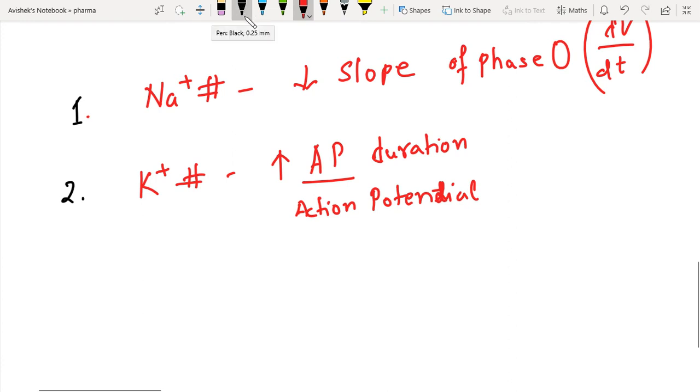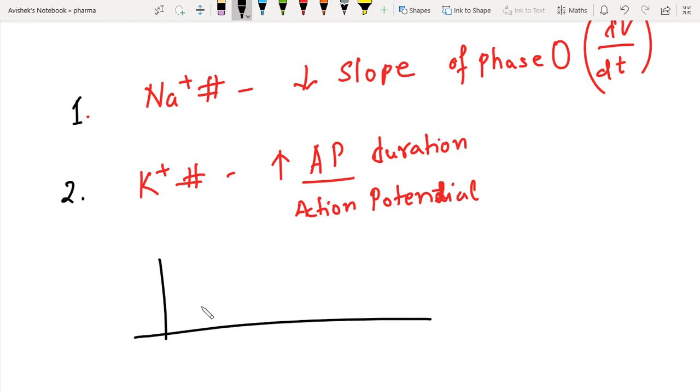Normally this is normal, in potassium blockers they'll increase the action potential.